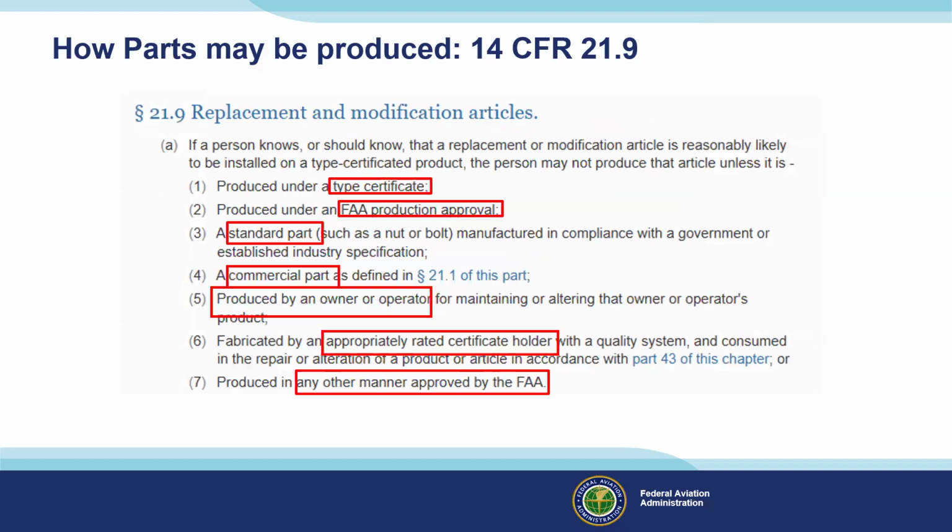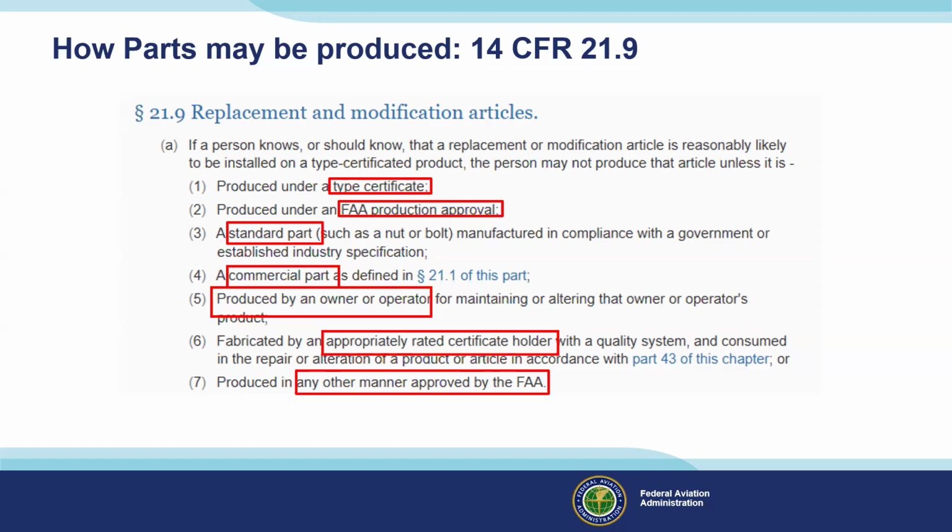So Part 21.9 talks about producers of parts if they know or should know that it's going to be installed on a type certificated product, and they may not produce the article unless it's produced under these 7 items. Type certificate, FAA production approval, and there's 4 types of production approval.